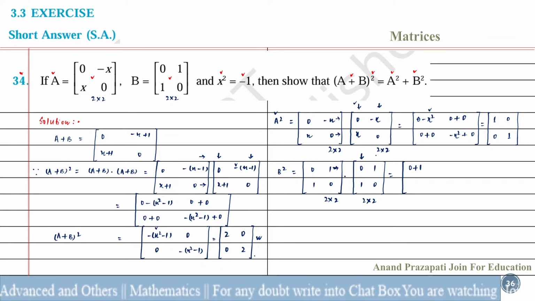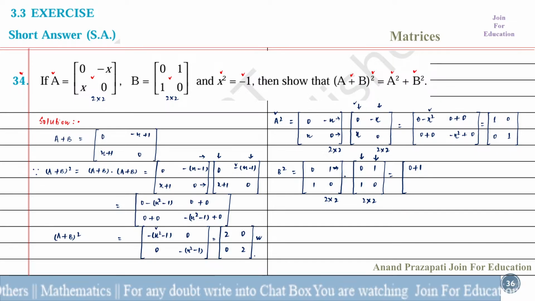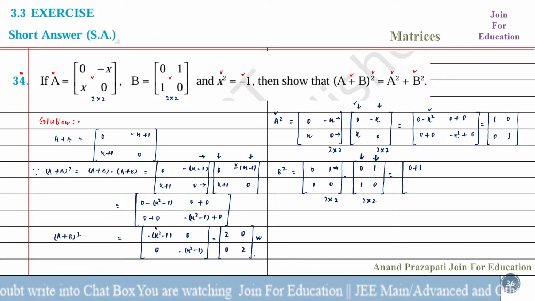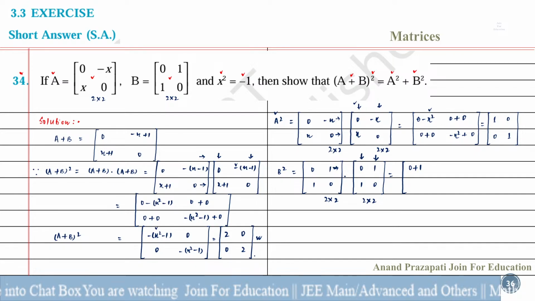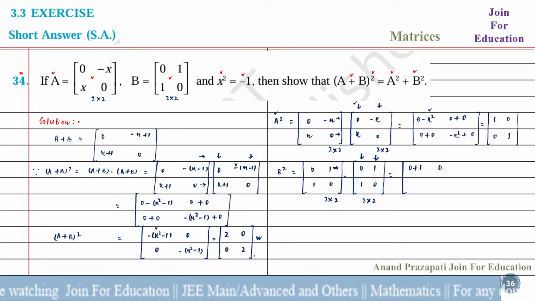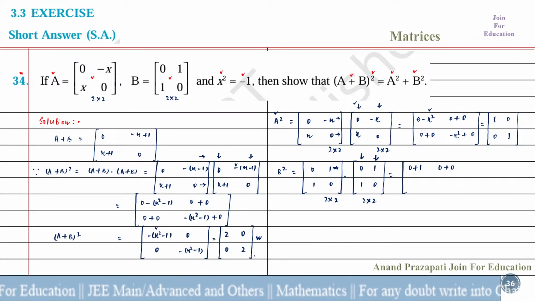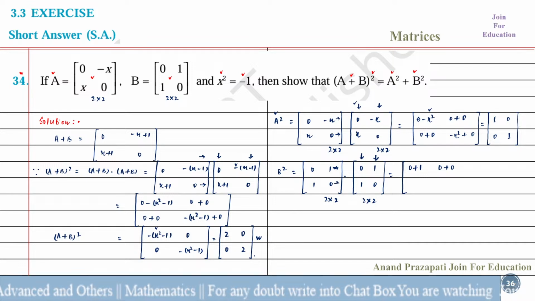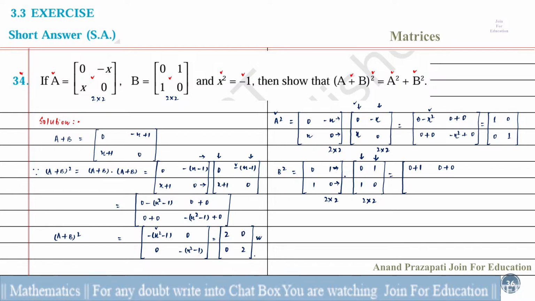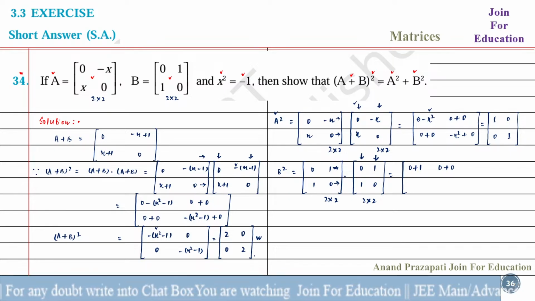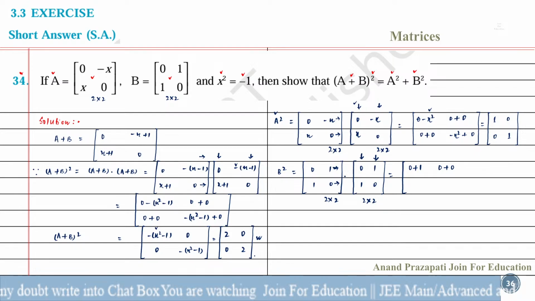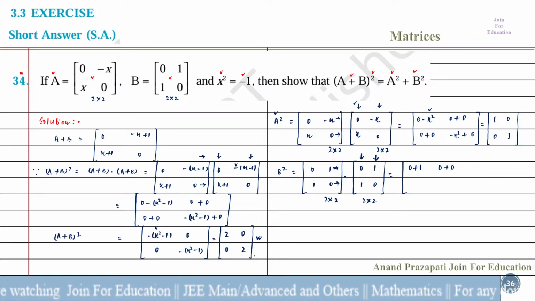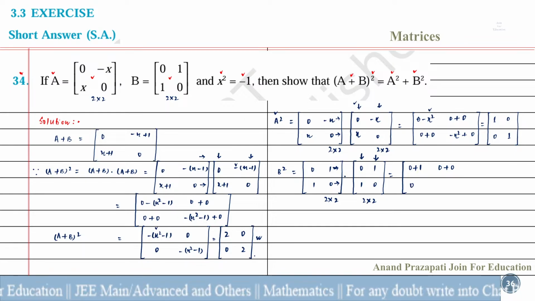First row along the second column, we get the second element of the first row. We multiply the corresponding element. Therefore 0 into 1 equal to 0 and 1 into 0 equal to 0. So we write down here 0 plus 0. Observe there is no problem to understand up to this step. Now second row along the first column, to get the first element of the second row we multiply the corresponding element. 1 into 0 equal to 0 and 0 into 1 equal to 0.